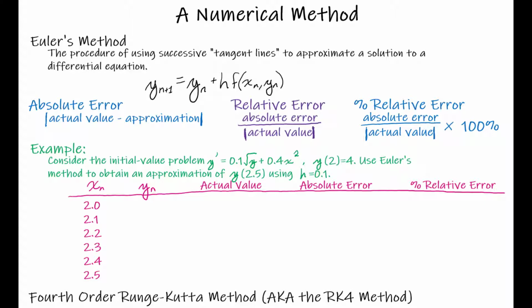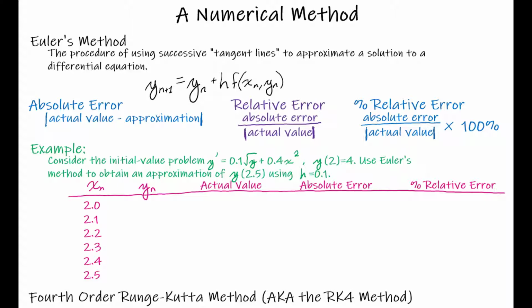So at my initial value, the n value is 0, and with every step that I take beyond that, n will increase. And h is the step size. So whenever we're doing Euler's method, you're going to be given an h value or a step size value. Those are the same thing. And you need to be given an initial condition, an initial value to start from. And after you have those two things, then you're ready to use Euler's method.